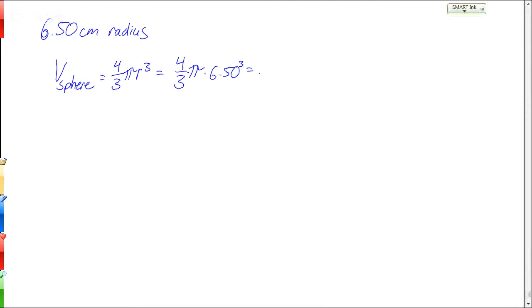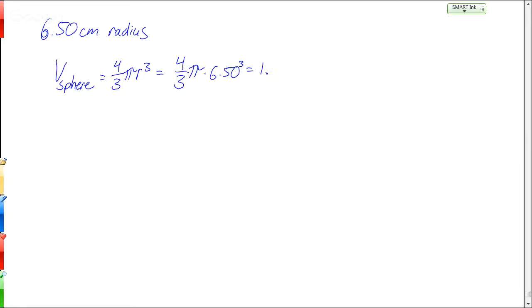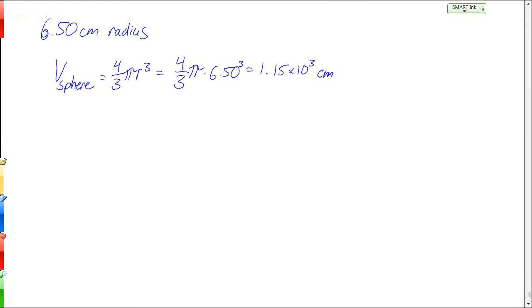So we'll say 1.15 times 10 to the 3, and that's cubic centimeters. So that's the volume of the sphere. Then we need to know the density of lead to figure out the mass of that sphere.